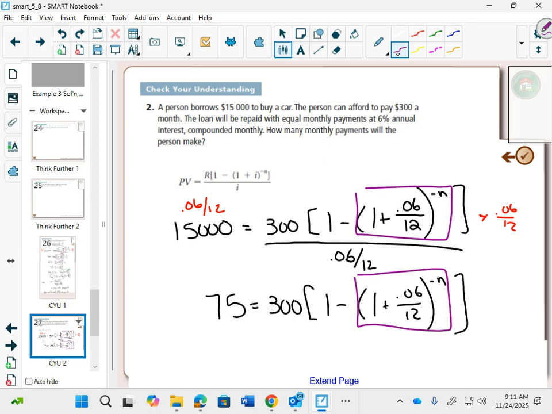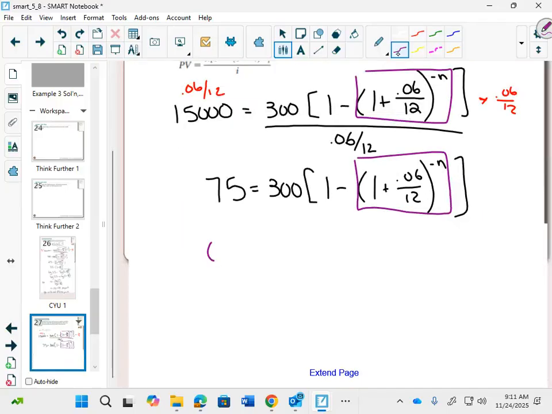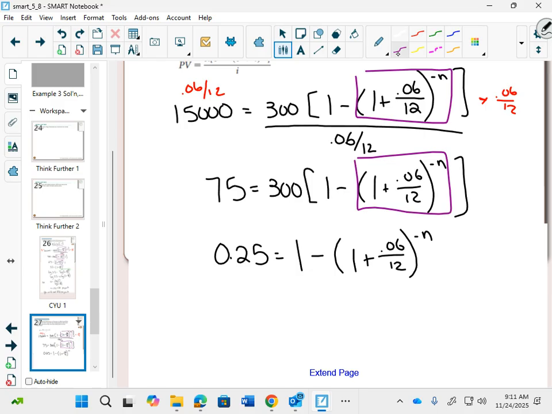Order of operations. Next, I'll divide by 300. And now I don't need those big square brackets. I'm going to move the 1 over by subtracting.